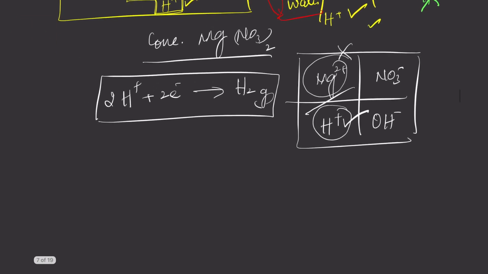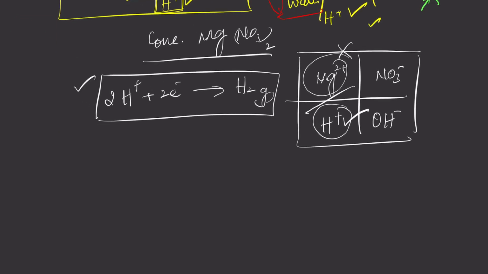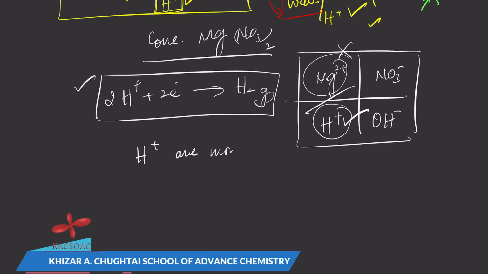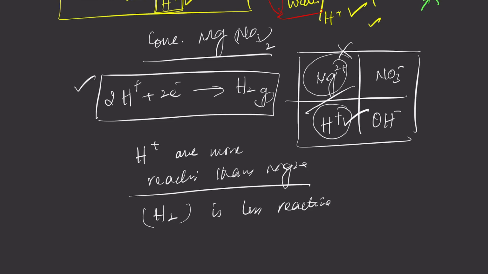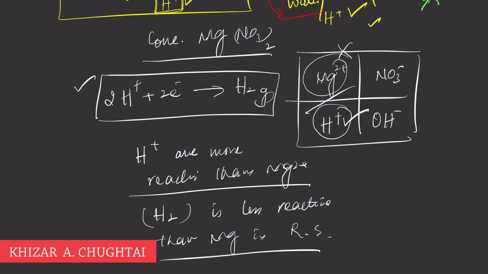The simplest answer is, the reason for your choice is hydrogen ions are more reactive than magnesium ions, or H2 element is less reactive than magnesium in the reactivity series.